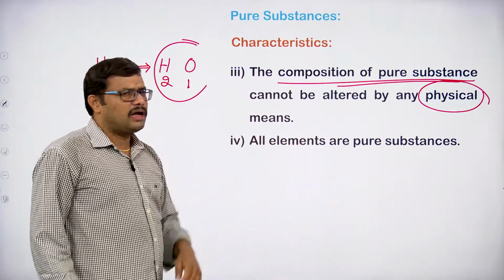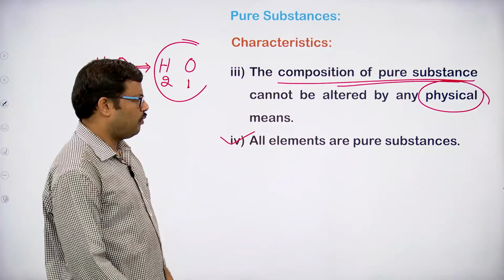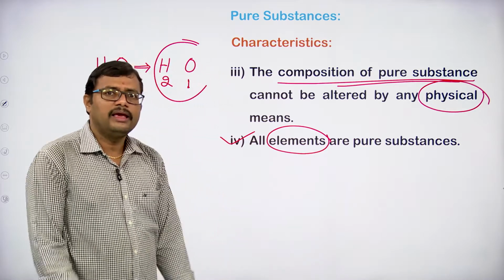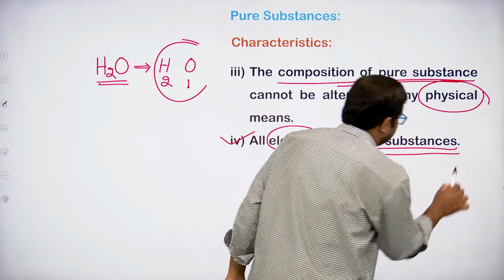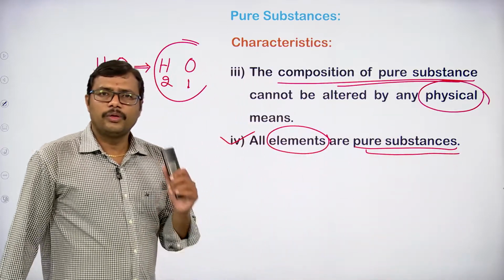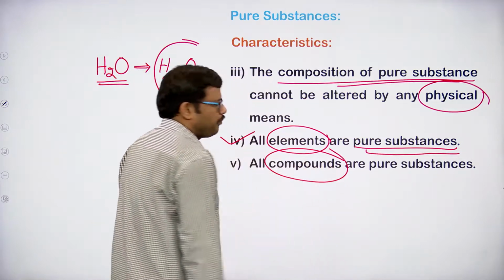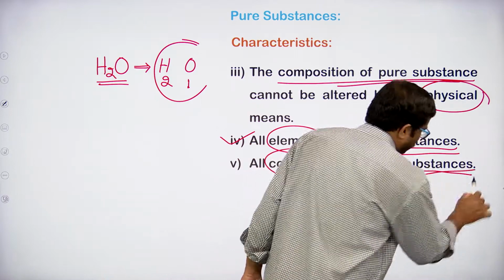All elements are pure substances. One more condition you can observe here: all the elements that are available to us are pure substances only. All the compounds that are available to us are also pure substances only.